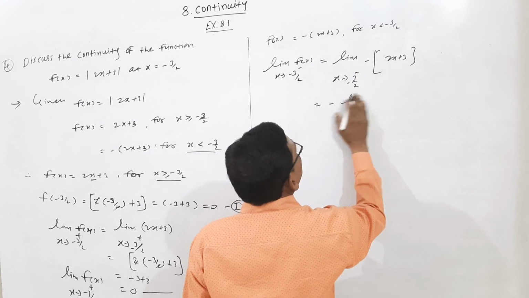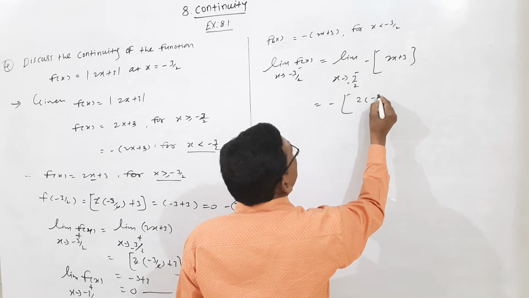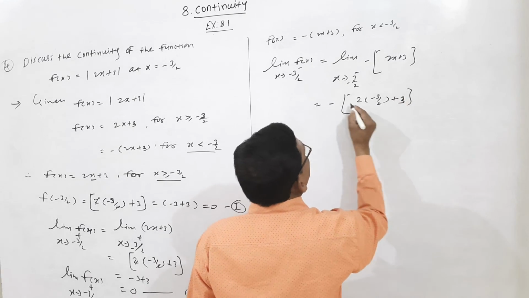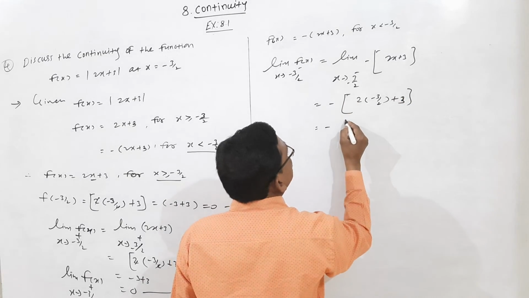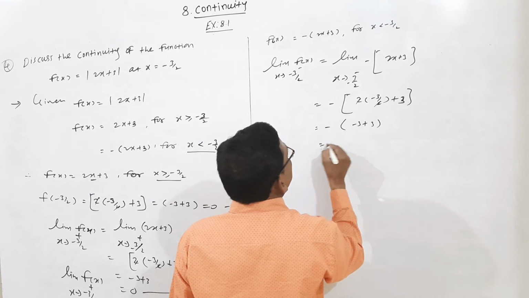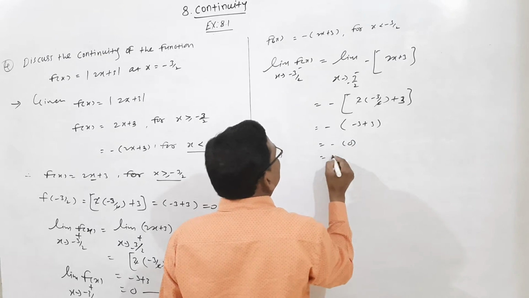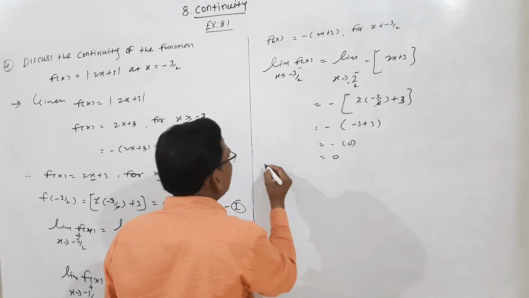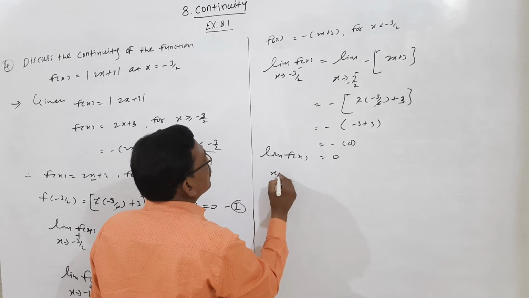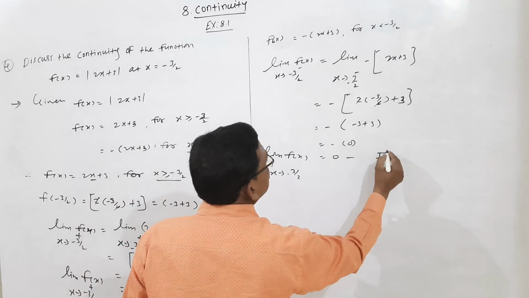Apply directly: minus 2 into minus 3 by 2 plus 3, minus 2 gets cancelled, minus 3 plus 3 is 0, so it is 0. So the left hand side limit of this function is also 0. Call this third.